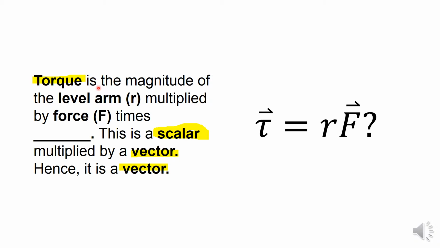Torque is the magnitude of the lever arm multiplied by force times blank. This is a scalar multiplied by a vector, hence it is a vector. So what's the missing factor here?